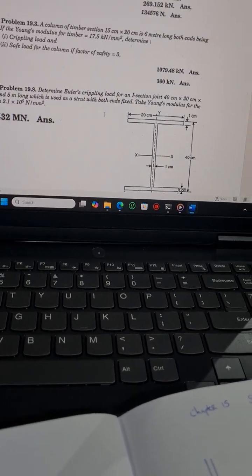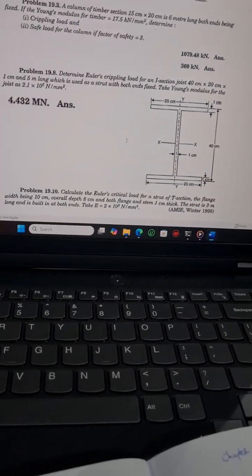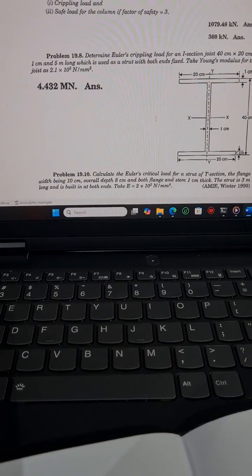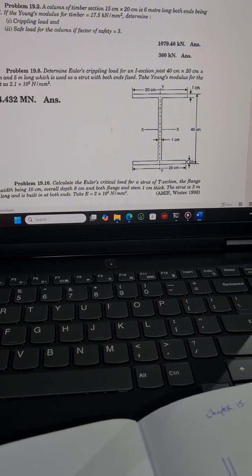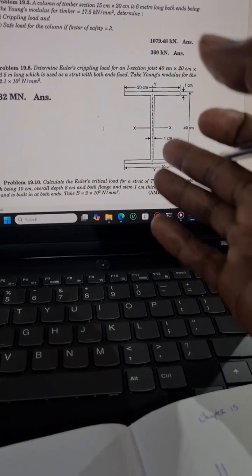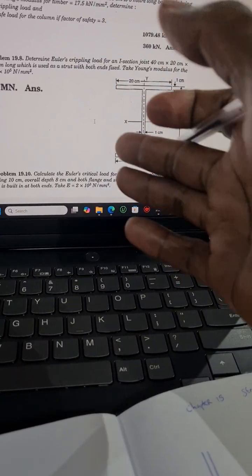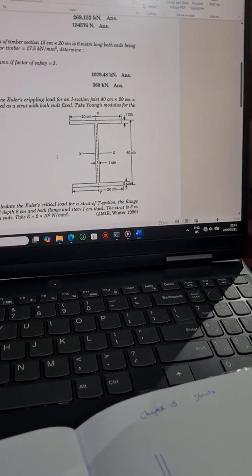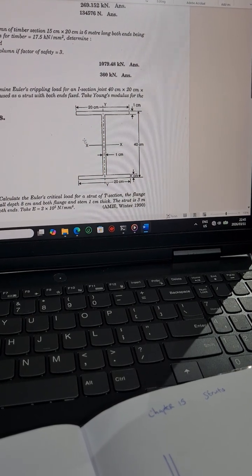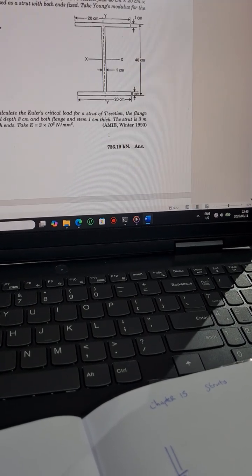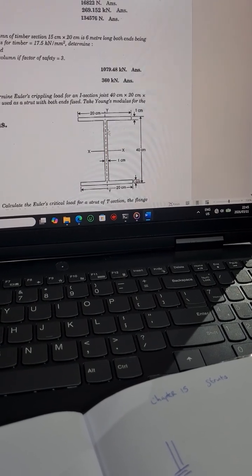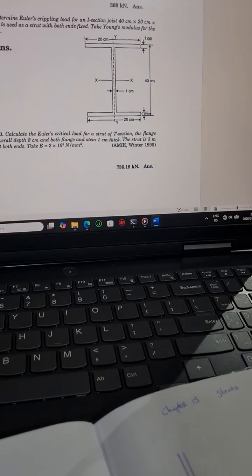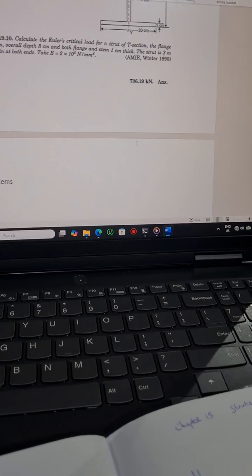Even 19.8 is the same thing. While watching my last videos, you learned how to calculate I_XX. How about I_YY? You figure it out. There's one video where I showed how to calculate it.